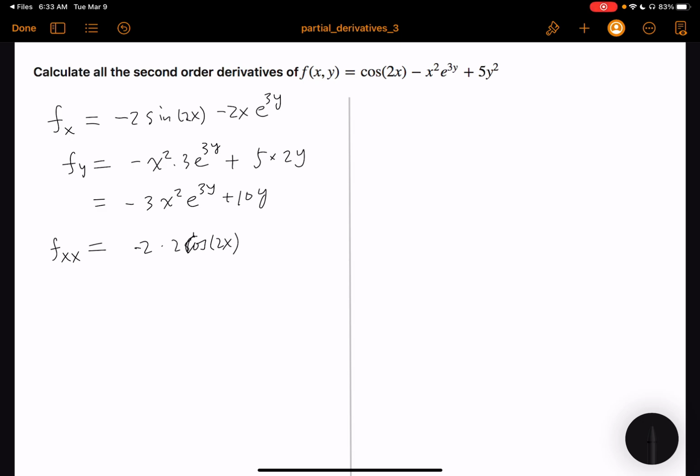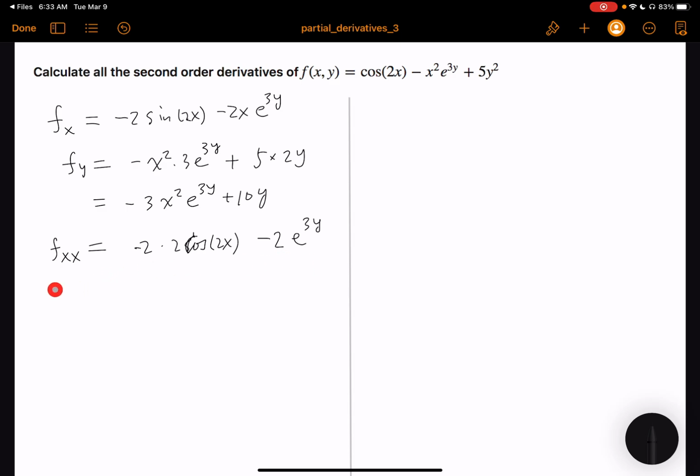The second item, when you take a derivative with respect to x, is -2 e to the 3y, because the derivative of x is 1.